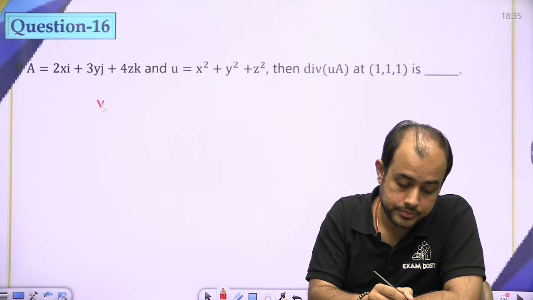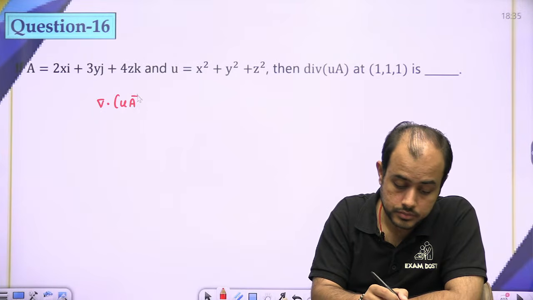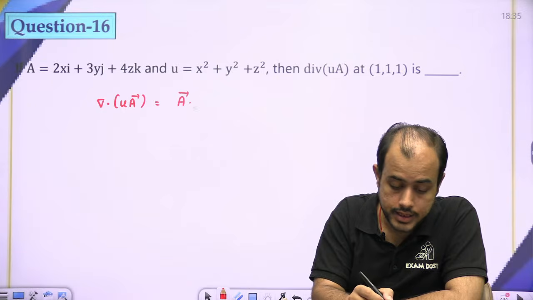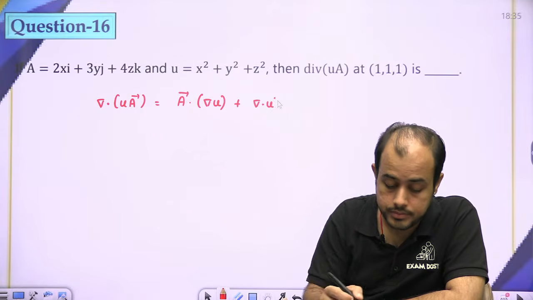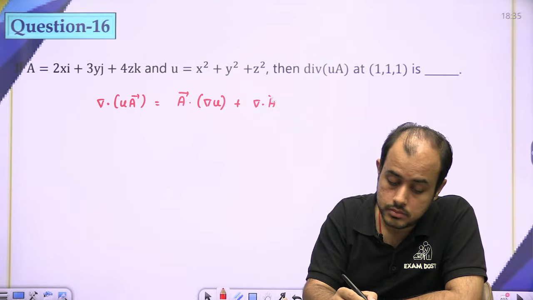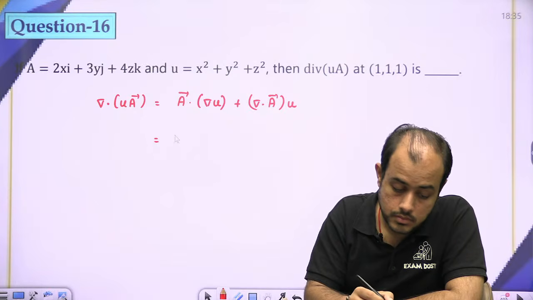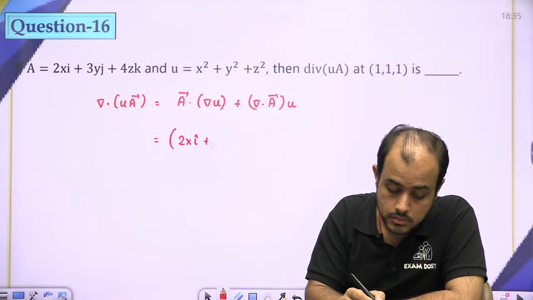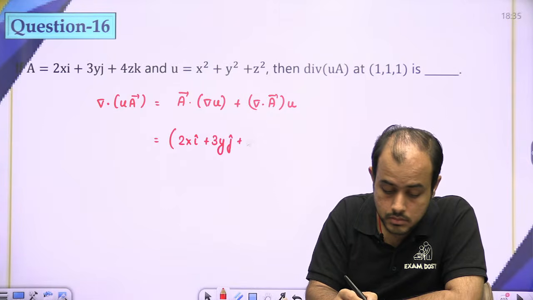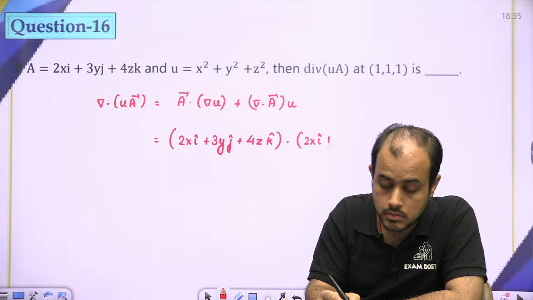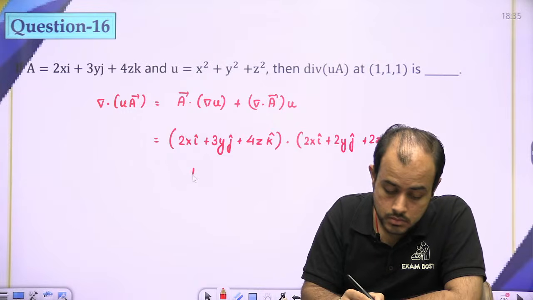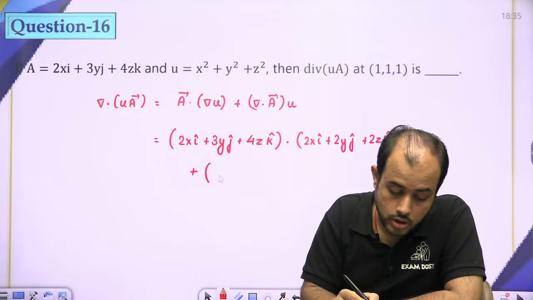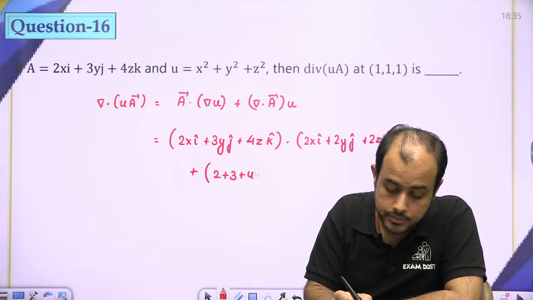Divergence of UA. This is A dot gradient of U. Del dot is 2 plus 3 plus 4.